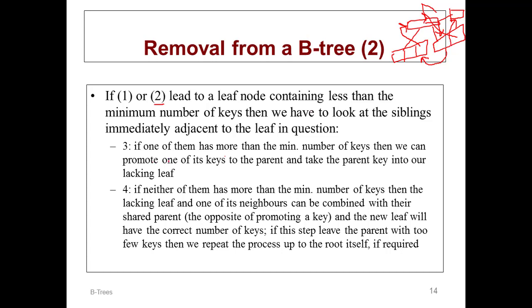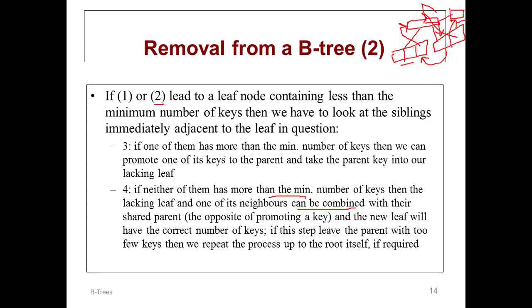If neither of them has more than the minimum, for example this is the node in question, and none of its siblings, this one and this one, have a sufficient number of keys, then the lacking leaf and one of its neighbors can be combined.